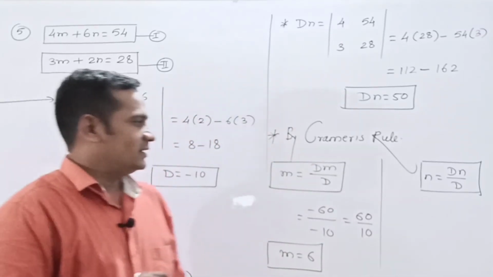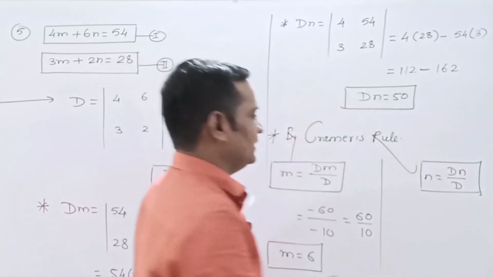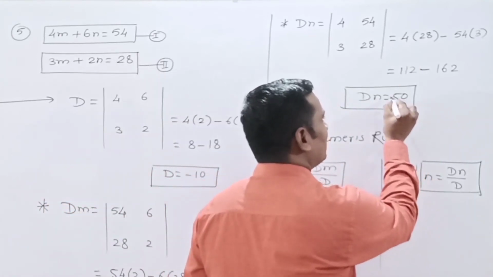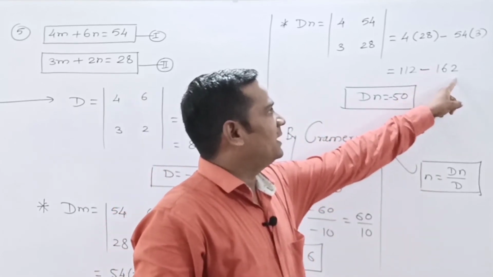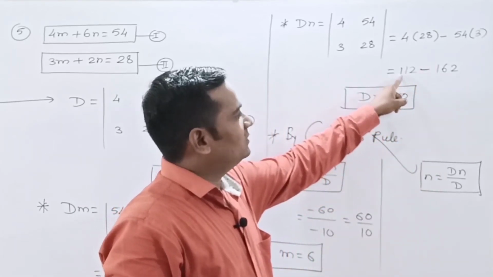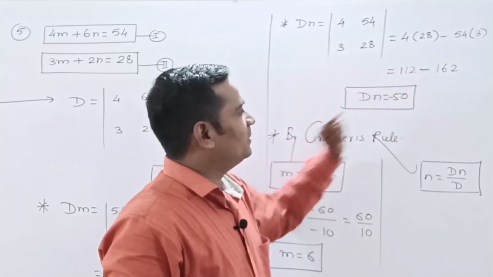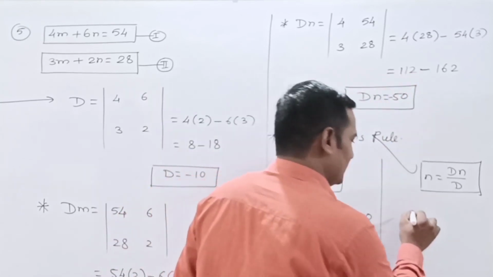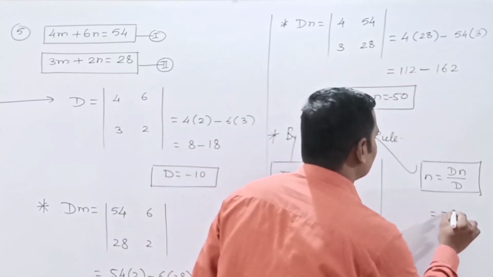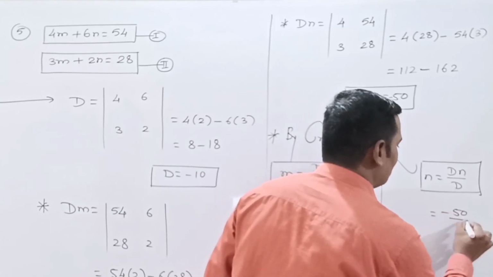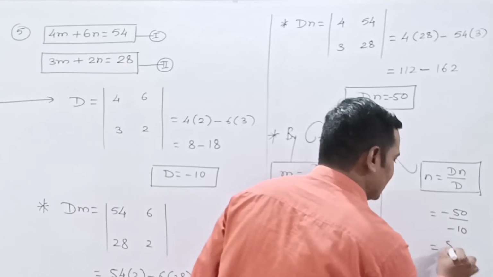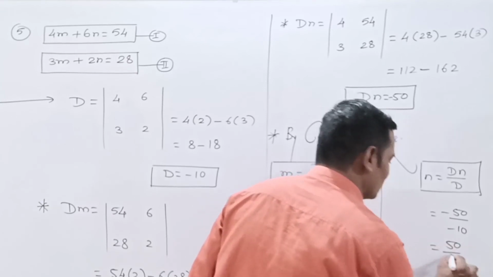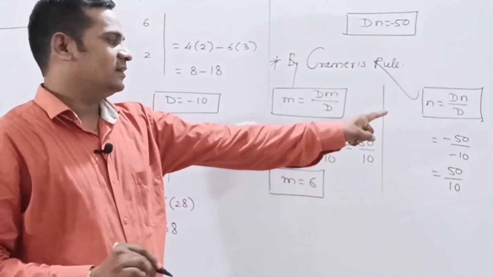Now there Dn is equal to 50. This will rather be minus 50, because 112 minus 162 gives minus 50. So again here it is minus 50 upon minus 10. So again minus minus will become plus. So the answer will be 50 upon 10.